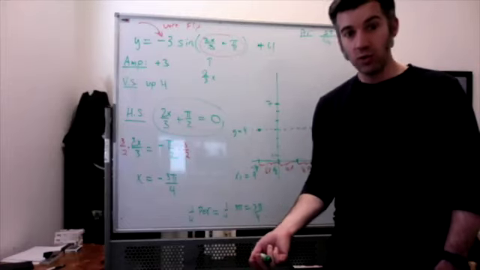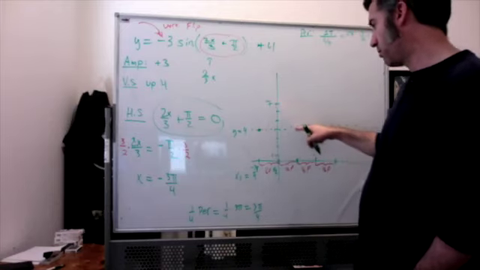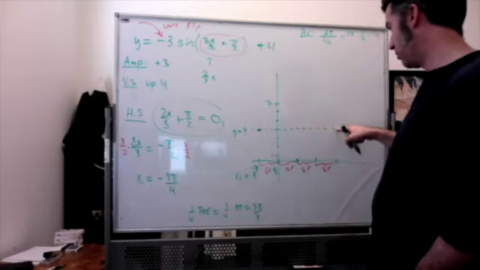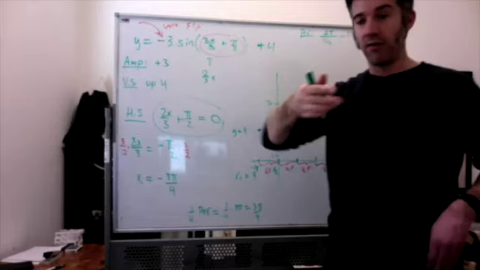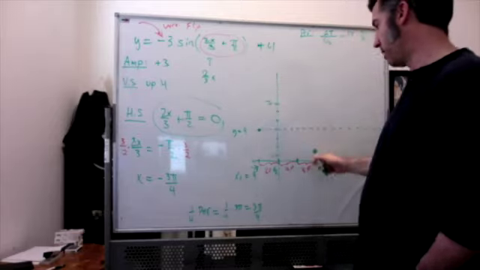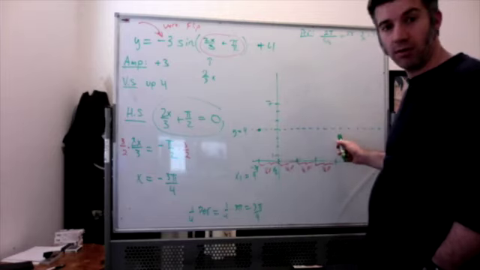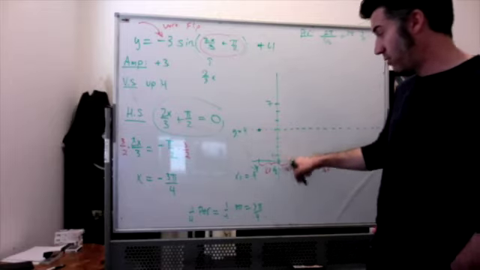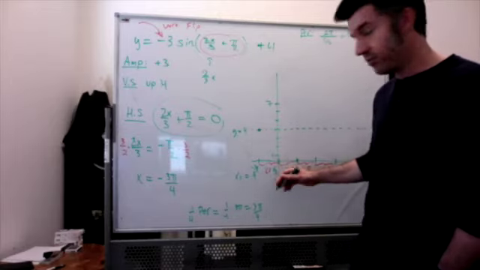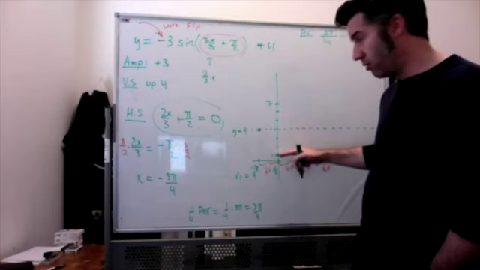And then usually, sine would go middle, top, middle, bottom, middle. But since it's reflected vertically, it's going to flip over. Instead of going middle, top, middle, bottom, middle, it's going to go middle, bottom, middle, top, middle. It's going to go middle, and then at the next important x value, you're going to get the bottom of the range, which is 3 below.